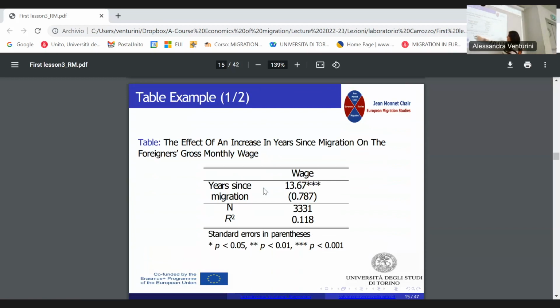We can have 1 star, 2 stars, and 3 stars that indicate that our p-value is between 0.05 and 0.001. The probability that the coefficient is significant is very, very high, so the mistake that you make is very, very small.